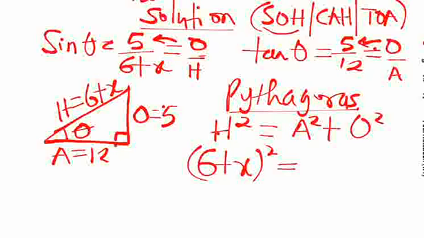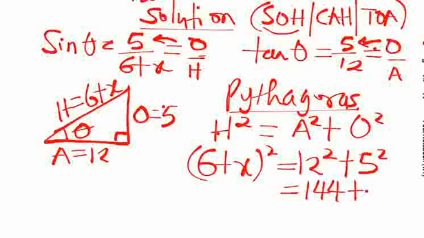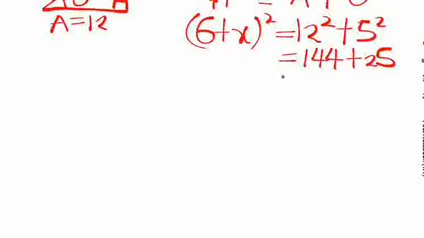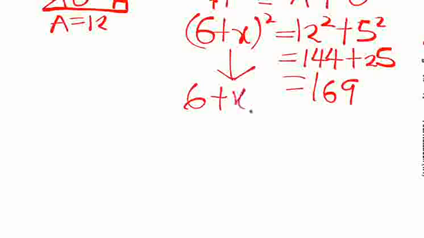Our adjacent is 12, which is going to be squared, and our opposite is equal to 5, so 5 too will also be squared. From the right hand side, 12 square is 144. 5 square is 25. Now when we add both together, we are going to have 169 by this side. Bringing down our 6 plus x all squared, this is equal to 169.